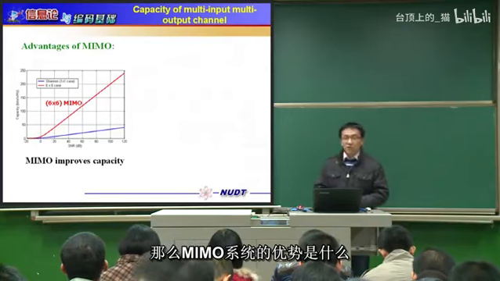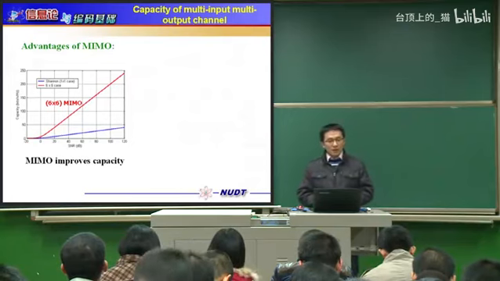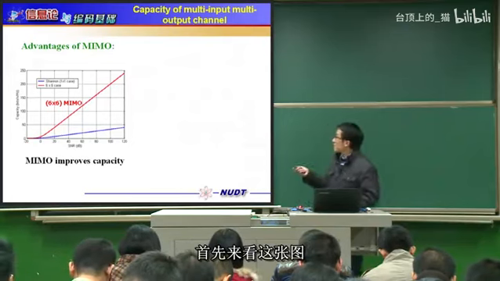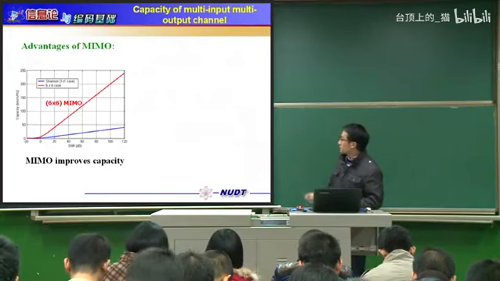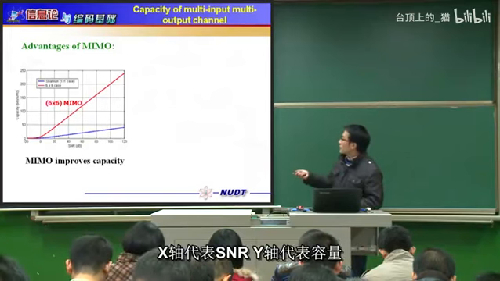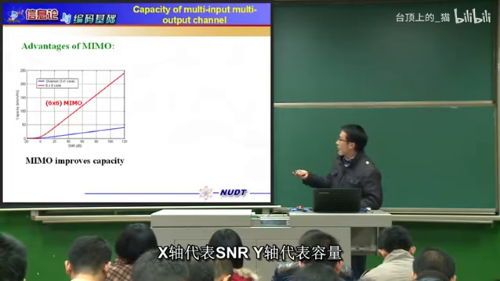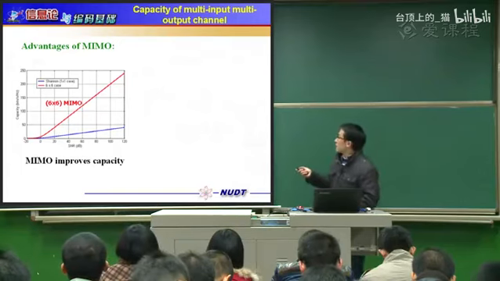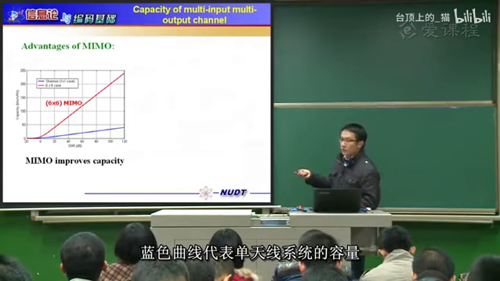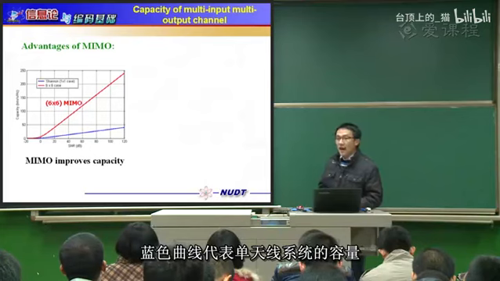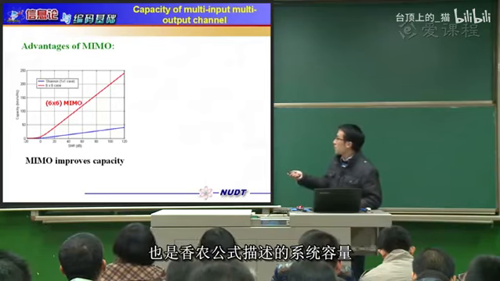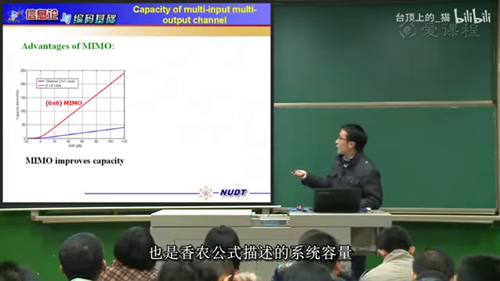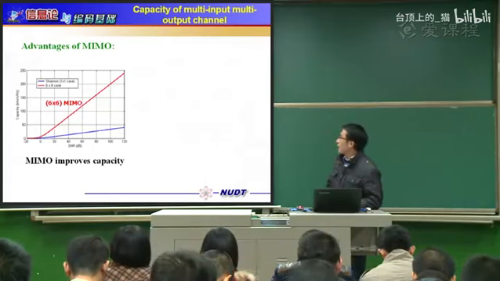What are the advantages of MIMO system? First, let's see this picture. The x-axis is SNR, and the y-axis is the capacity. We see the blue curve is the capacity for single antenna system, so it's also the capacity from Shannon formula.